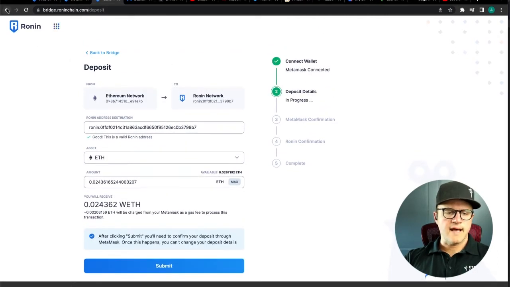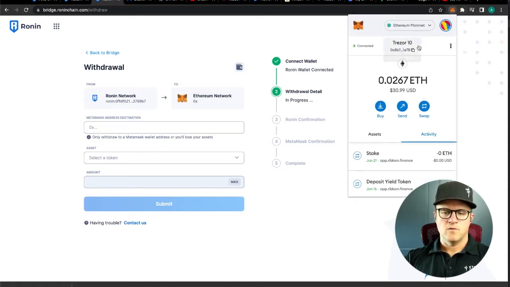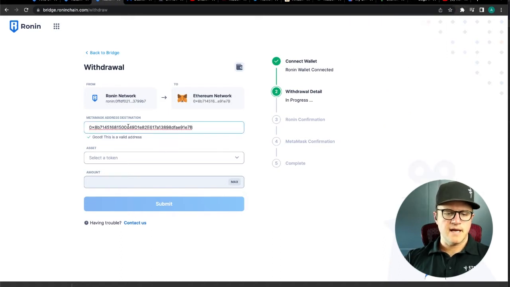Now if you want to get assets out, like many of you probably will after having things locked up for so long, hopefully not too many of you, it will do basically the opposite here. So you'll have your Ronin wallet that's already connected, and then you'll go into your MetaMask, and then you'll copy your MetaMask wallet by hitting this little copy to clipboard there and paste that in.